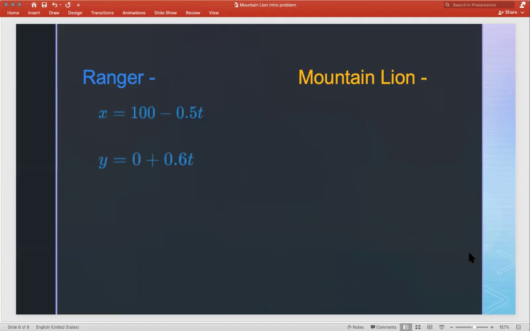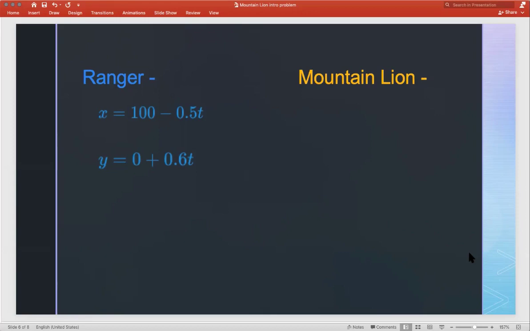So now we're going to do the same thing for the mountain lion. Now remember, the mountain lion started out at position 51 miles north of the station, and you're told the mountain lion is traveling 0.1 miles north and 0.3 miles east every minute. So in terms of the equation that represents his horizontal motion, remember that point, if you think of it in terms of the y-axis, that was up at (0, 51).